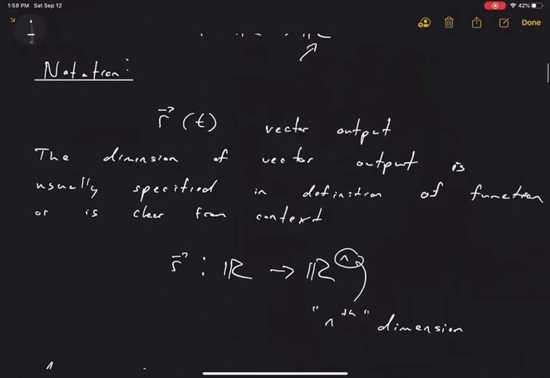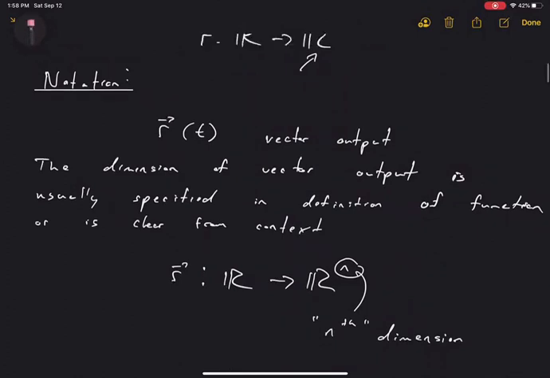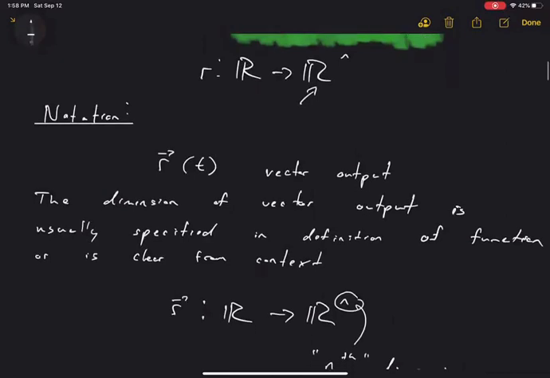Now we can review a little terminology. Usually how we're going to see this written, remember we're talking about a function like this, R to Rn, and maybe sometimes to make it clear our output's a vector, we'll write it like this.